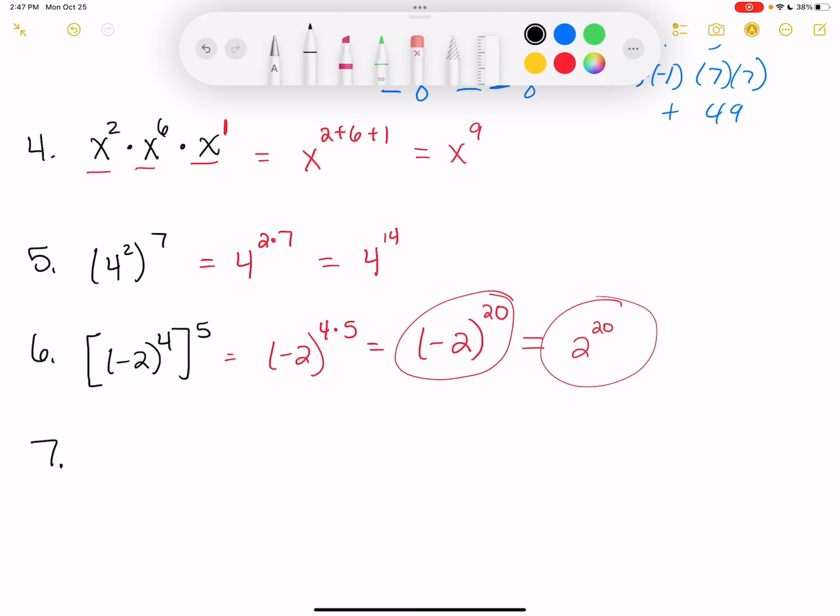All right, so I want y'all to tell me what we have for the next one. N cubed raised to the 6th.